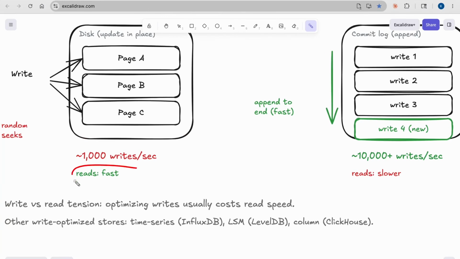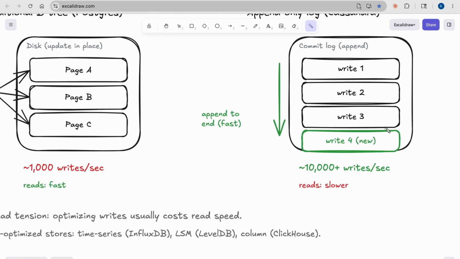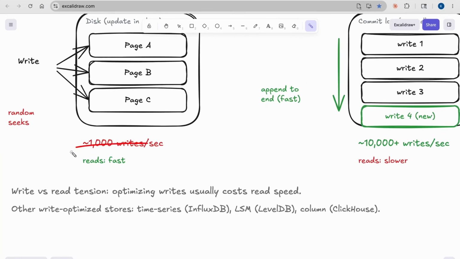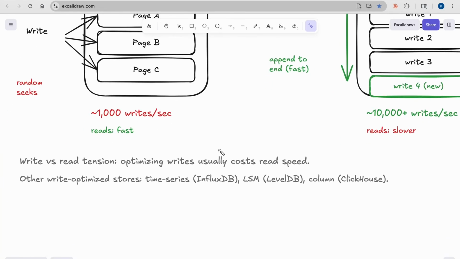The only downside is that reads become slower, because that's a trade-off. We know that write traffic is higher, and reads are something we can deal with. So that is the first consideration, writes versus reads.